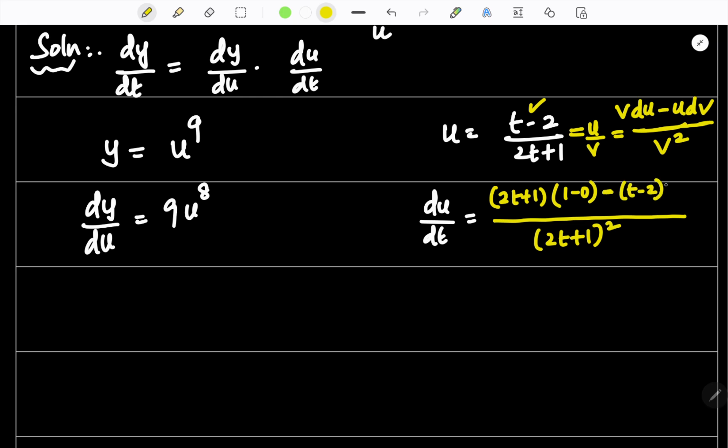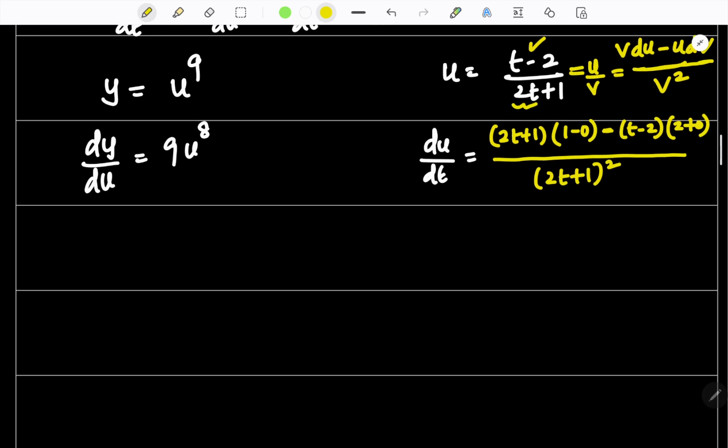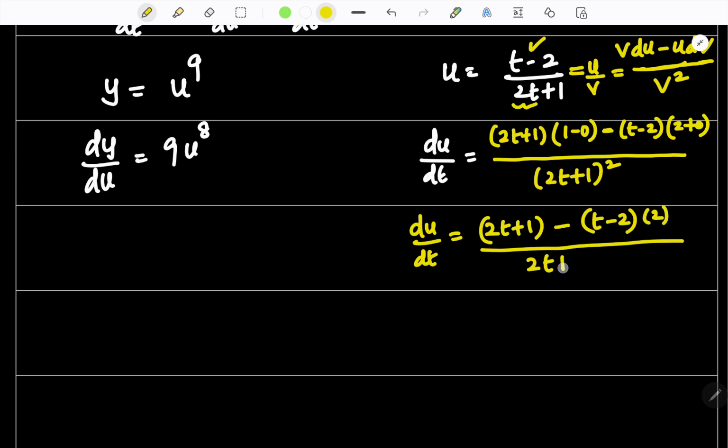Then (t - 2). The derivative of 2t is 2, and of +1 is 0, so it is 2 plus 0. So du/dt is equal to [(2t + 1) times 1 minus (t - 2) times 2] divided by (2t + 1) squared. Is it clear, everybody?